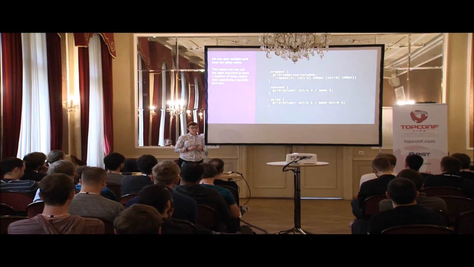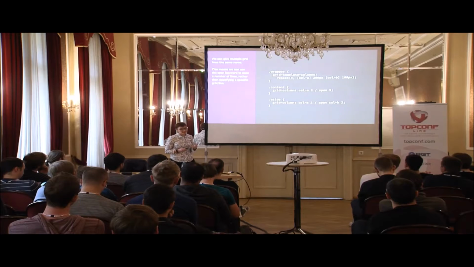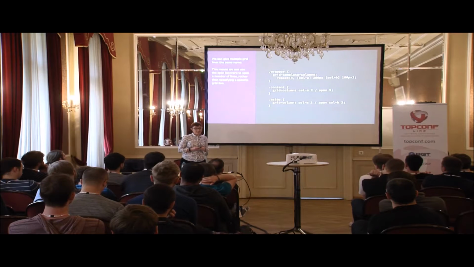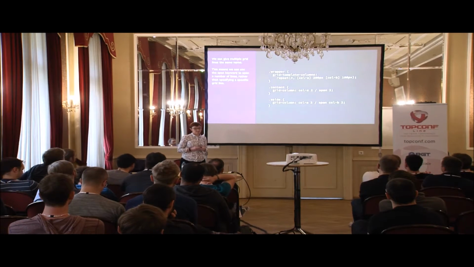We looked at named lines earlier, and this example uses named lines. But if we're using the repeat keyword and we've got named lines, we're going to end up with multiple lines that have the same name. And this is really useful. We can use a span keyword to span multiple lines. And that's what's going on here. So I'm naming lines as col A and col B, but I've got that repeated 4 times.